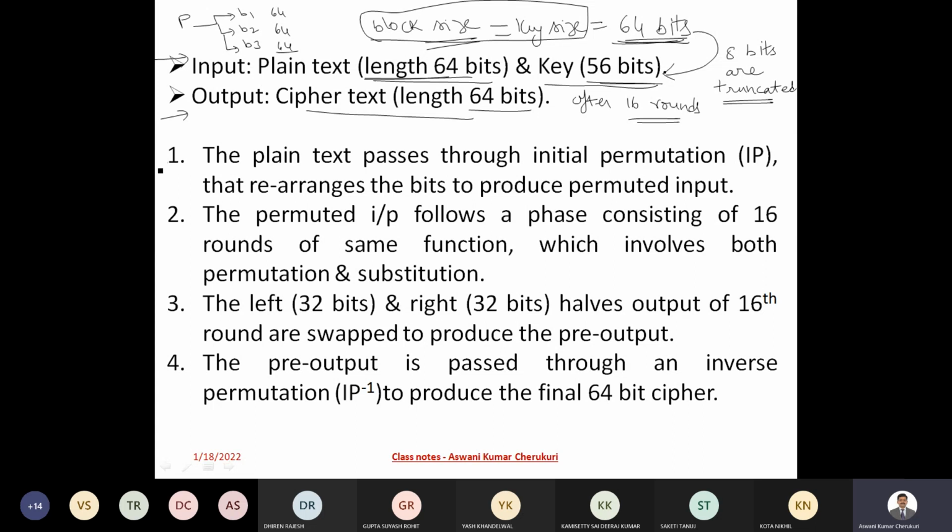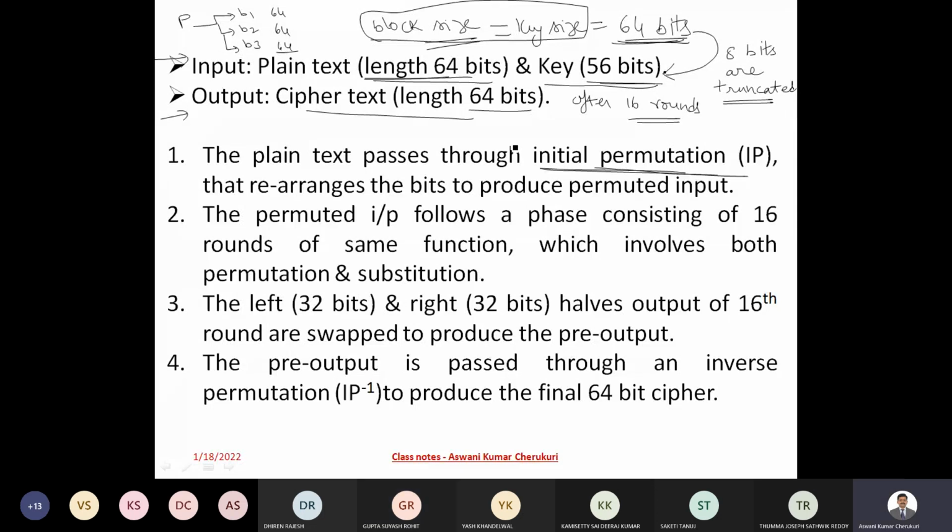The plaintext initially undergoes a process called initial permutation. Now tell me, when I say permutation, is it a substitution operation or a transposition operation? Transposition.